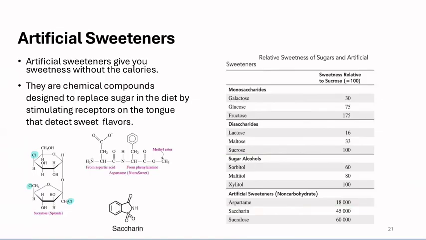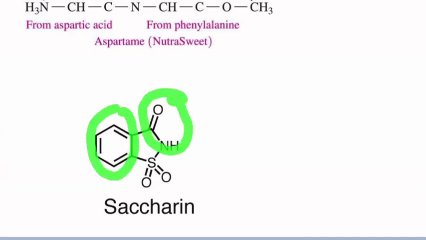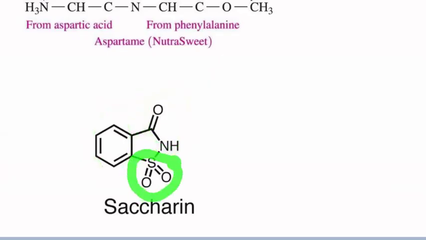Lastly, we have saccharin, which we can see its structure at the bottom of the slide. Saccharin is also a non-carbohydrate derived sweetener because it doesn't come from sugar. When we look at its structure, we can see a benzene ring, an amide bond, and a sulfonate bond.